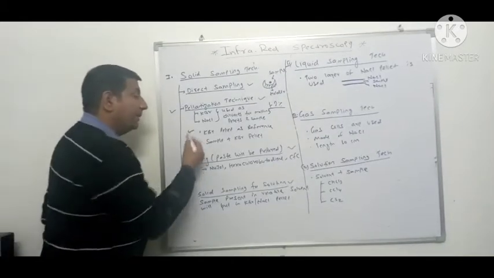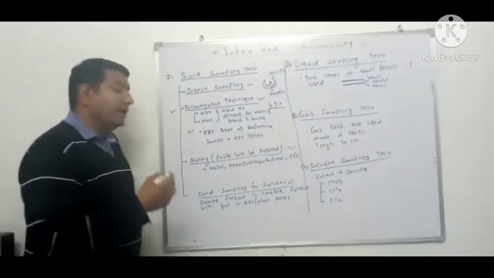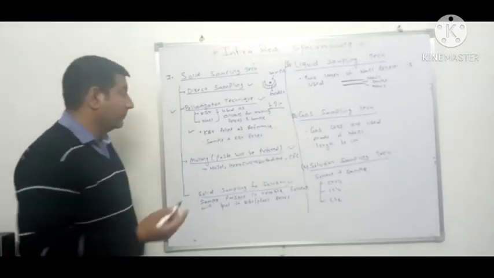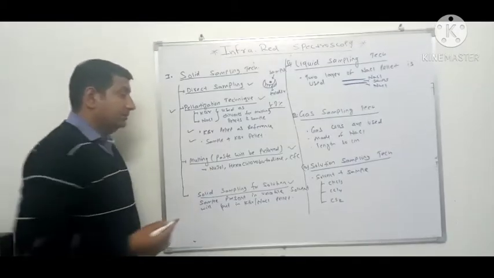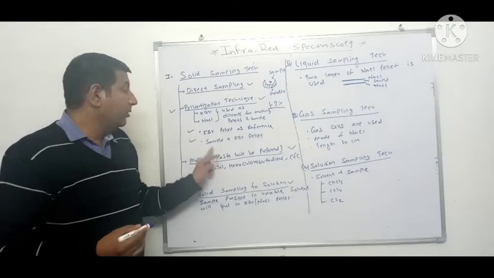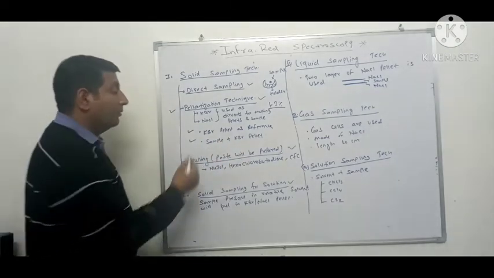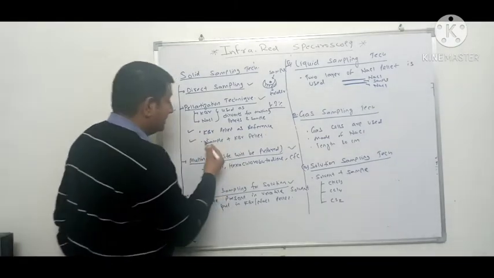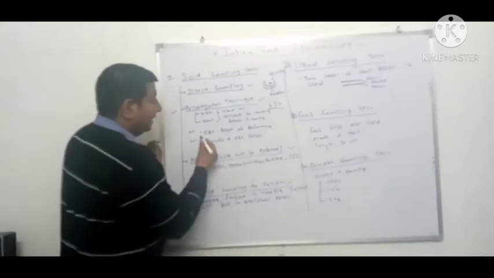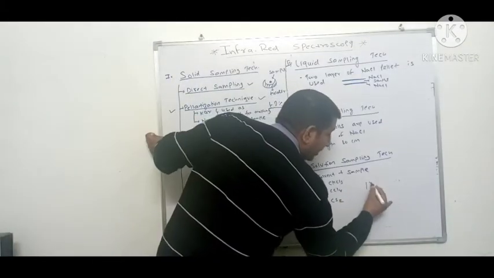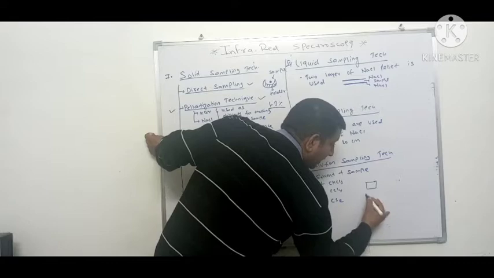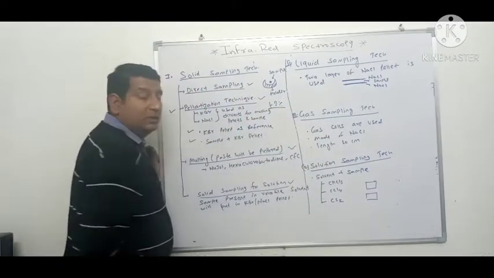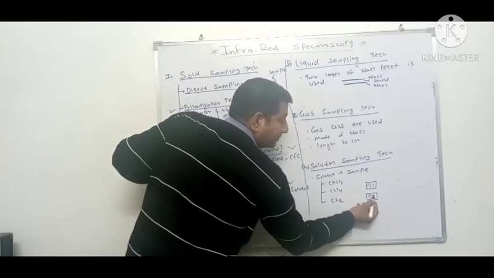We have to prepare a pellet of KBr as a reference also, and a pellet of KBr with the sample. Let me explain in detail what happens in the KBr technique. First of all, we have to make pellets of KBr. For making pellets we use this punch.